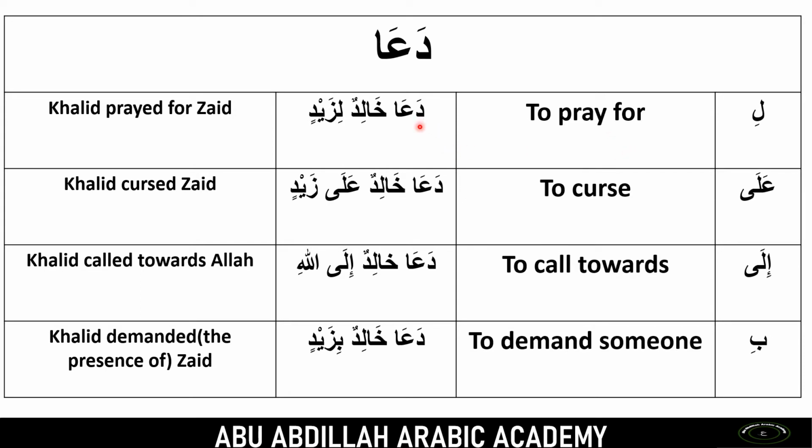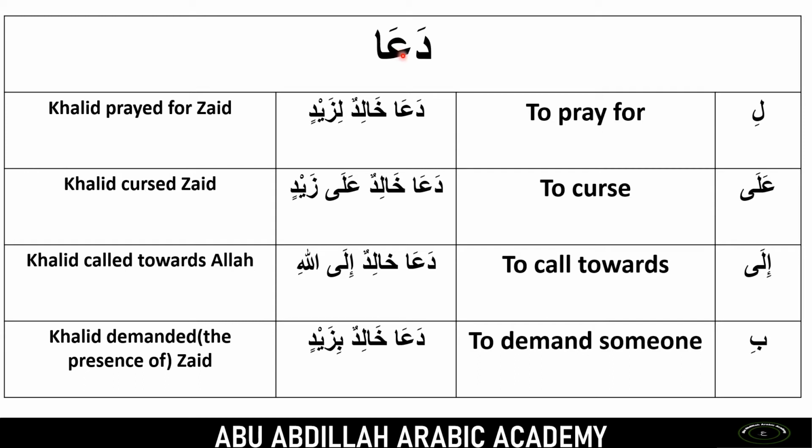For example, if I say da'a Khalidun li Zaidin, the meaning would be Khalid prayed for Zaid. Here I am using the preposition, the huruf jar la or li, and in that case li along with da'a gives the meaning of to pray for.